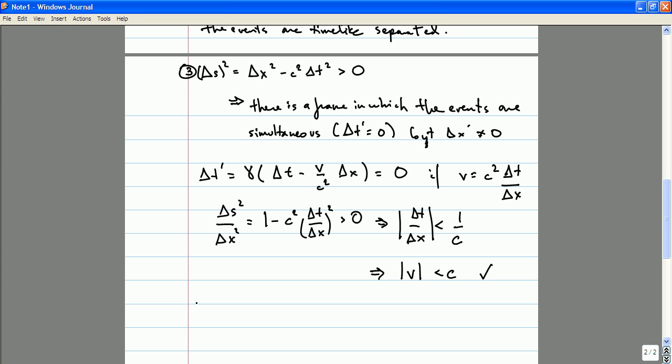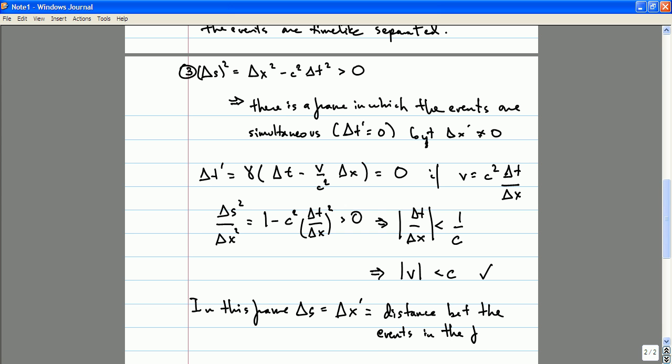And then in this frame, delta s is just delta x prime. And what is the physical interpretation of it? It is the distance between the events in the frame where they are simultaneous.